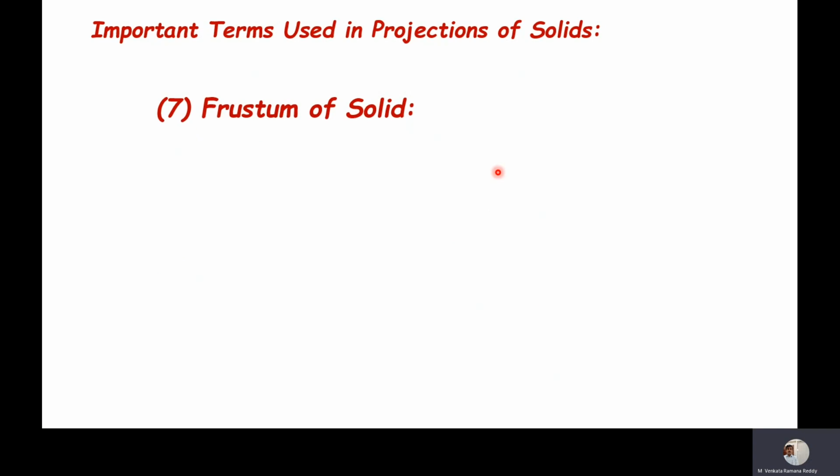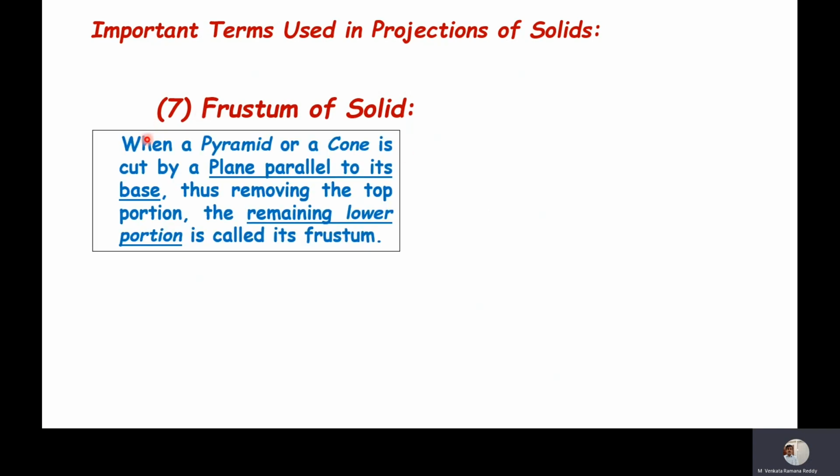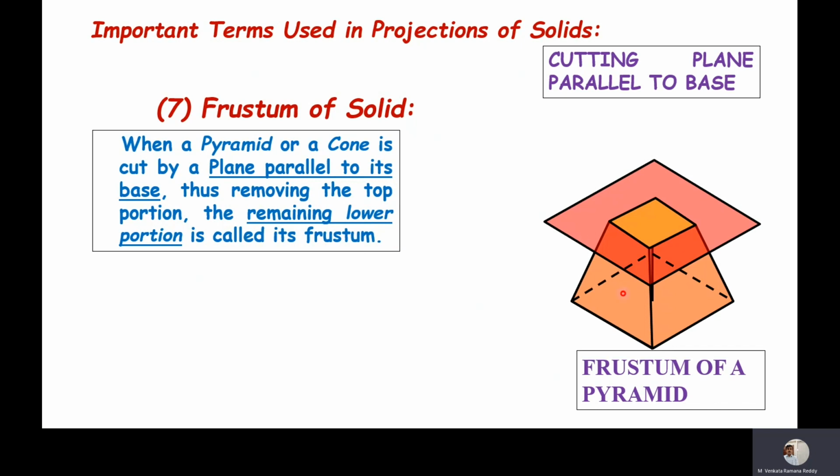Frustum of a solid. What do you mean by frustum of a solid? When a pyramid or a cone is cut by a plane parallel to its base, thus removing the top portion, the remaining lower portion is called its frustum.